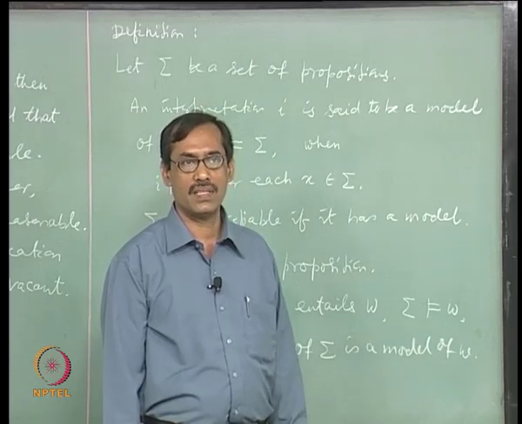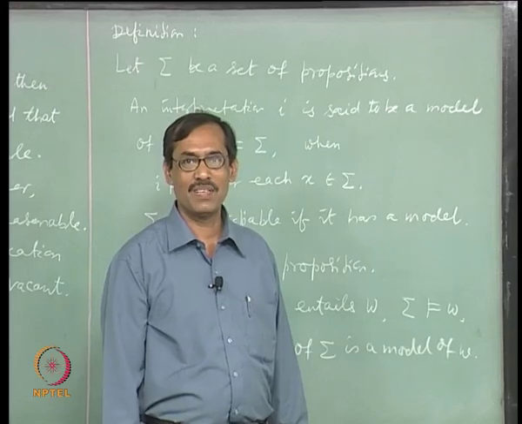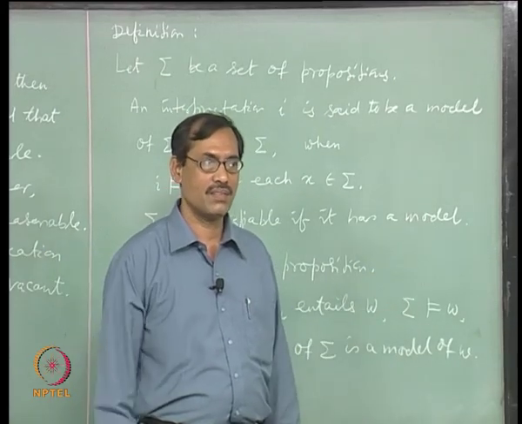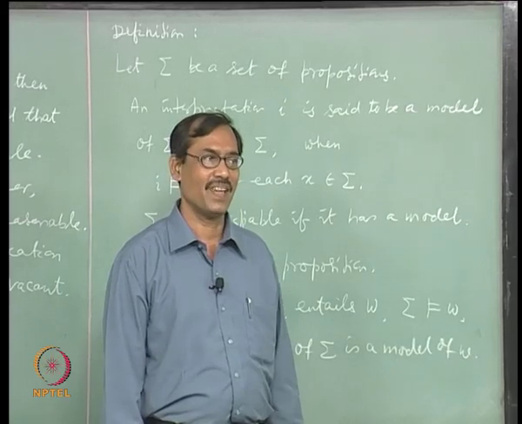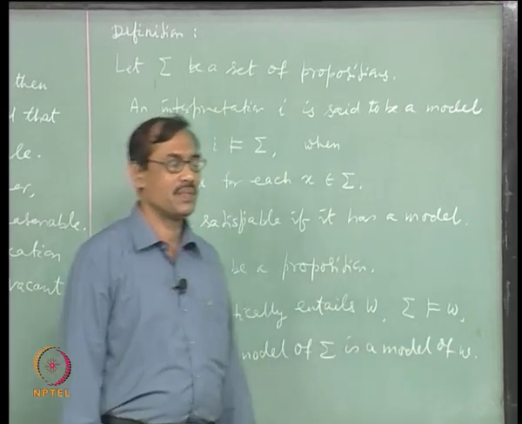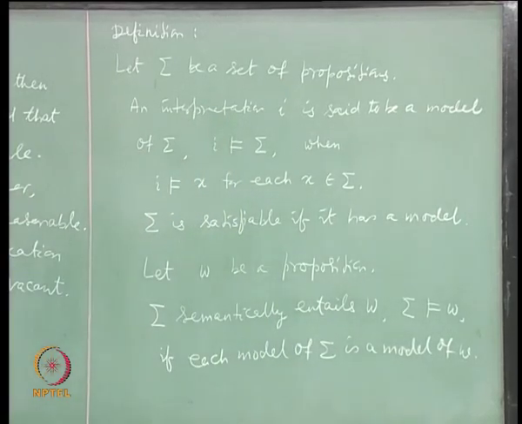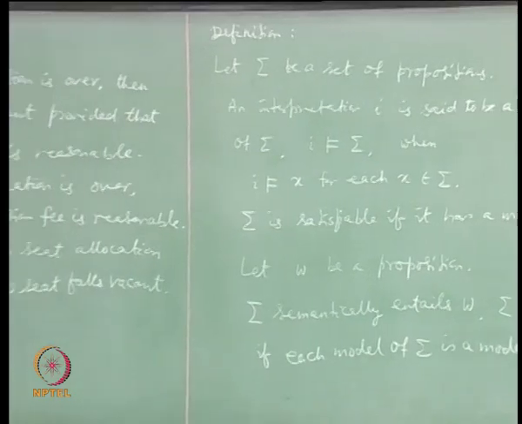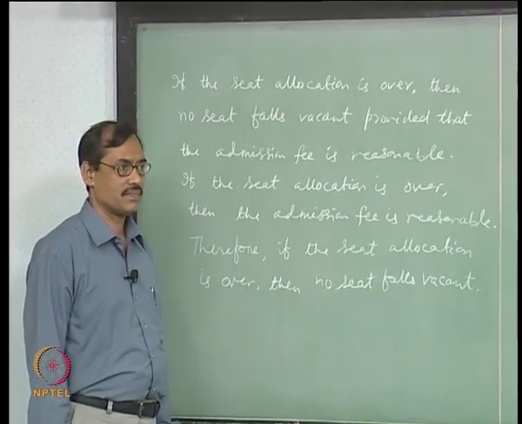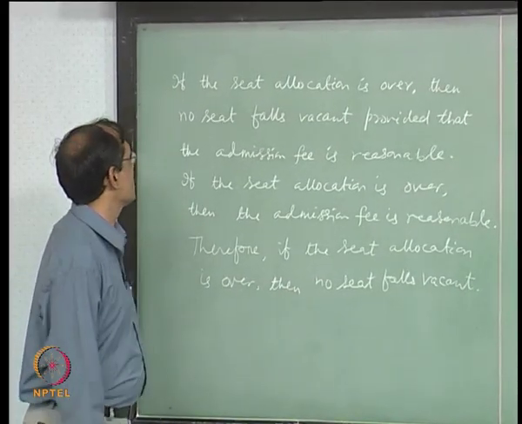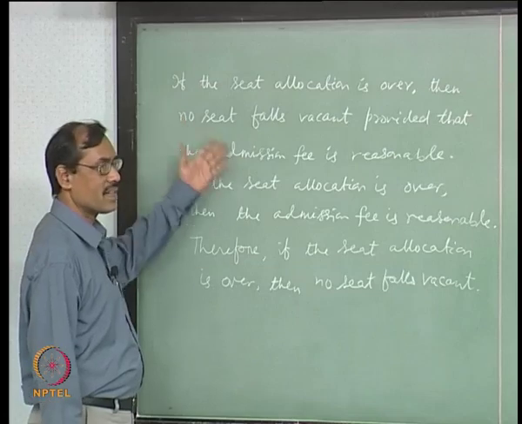See, mathematicians are basically lazy people, they do not want to take a big expression, they would write a symbol for it, that helps clarifying the concepts. So, what we do here is first identify the atomic propositions, write them in symbols and then see how we can translate to sigma entails W, fine. So, first we identify that.